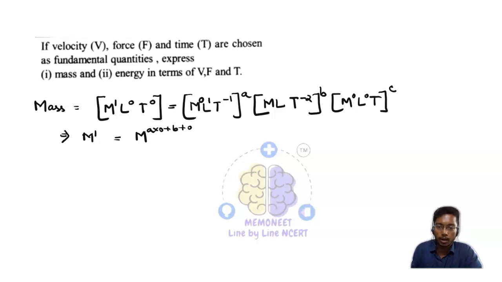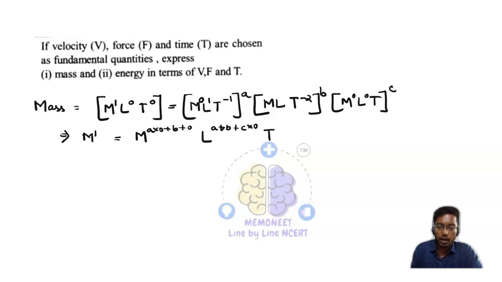Then for L, to the power a, for the second quantity, plus b plus c into 0.